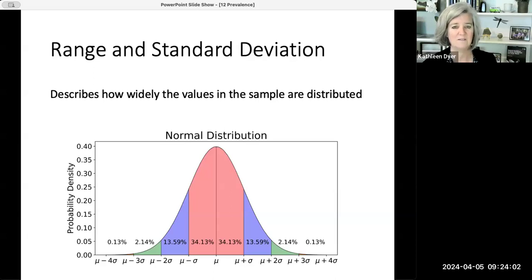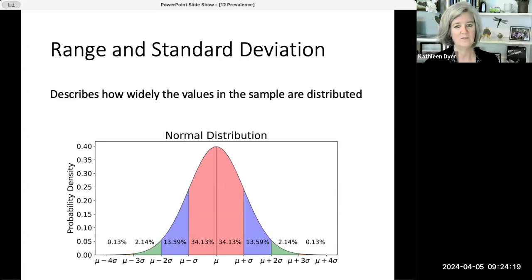It just says, how can we consider the data in a standardized way? And so the way it works is one standard deviation plus and minus should encompass then 68% of the scores.